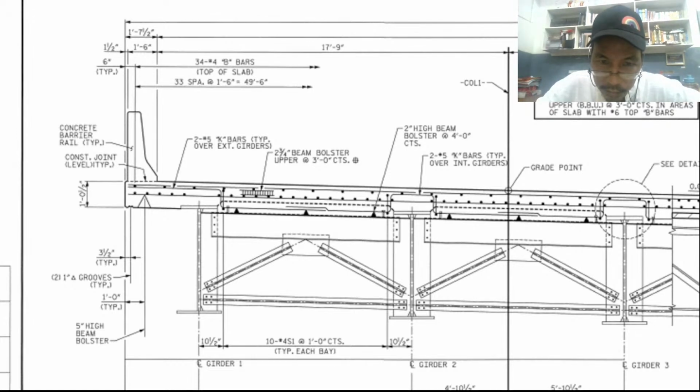Okay, so this is top of the slab. This is over extend girders. Okay, so specifically the lower portion here. So there are two lines of reinforcement here on top and below this black dots. Okay, there are black dots near the surface, near the top surface of the bridge.